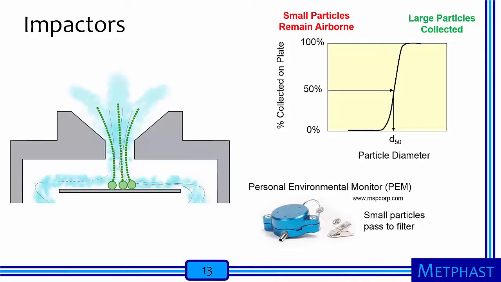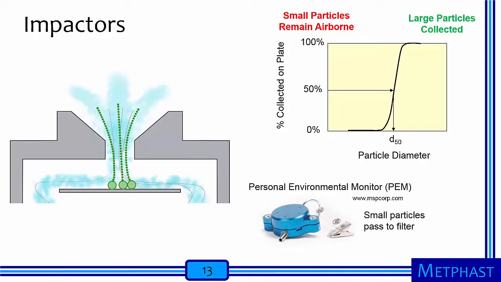Impactors are usually characterized by collection efficiency by particle size, such as shown in the upper right. Large particles hit the plate almost every time, having a plate collection efficiency of near 100%. Small particles, in contrast, almost never hit the plate as they flow with the airflow, having a low particle collection efficiency.